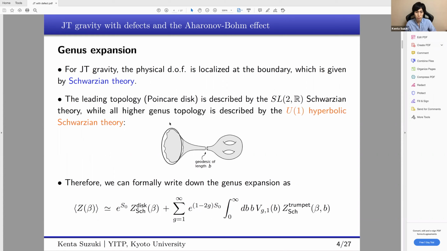But if we have a matter field, I guess we cannot do this kind of decomposition. And to be honest, I don't know what we need to do for the matter coupled case. So I see. Thank you very much. Thank you.